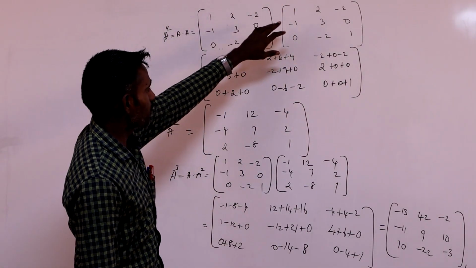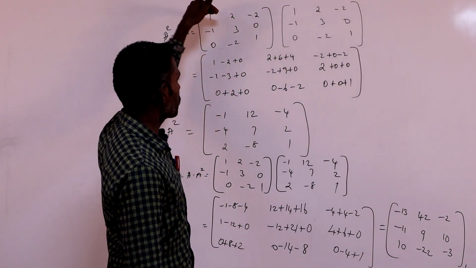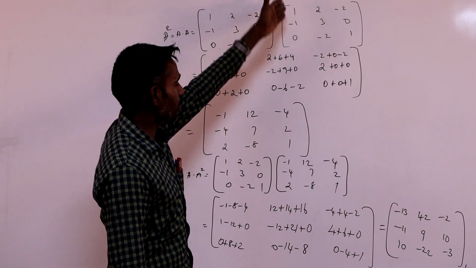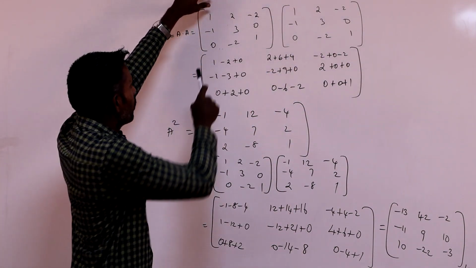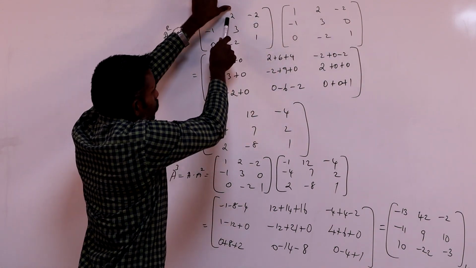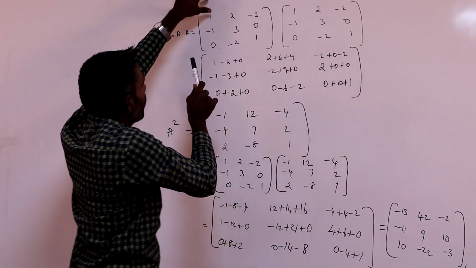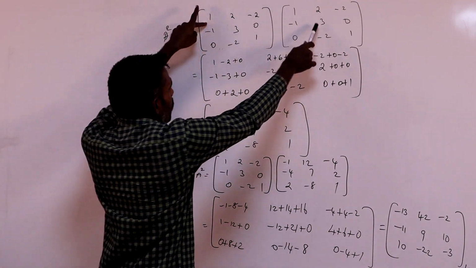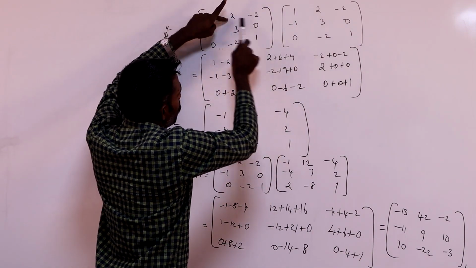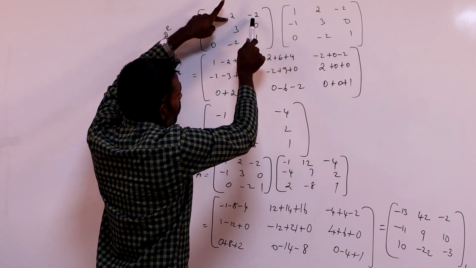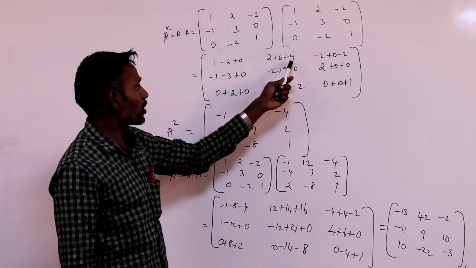Matrix multiplication: first row of the first matrix into the first column of the second matrix. We get 1 into 1, 1, 2 into minus 2, minus 2, minus 2 into 0, 0. First row into second column: 1 into 2, 2, 2 into 3, 6, minus 2 into minus 2, plus 4.